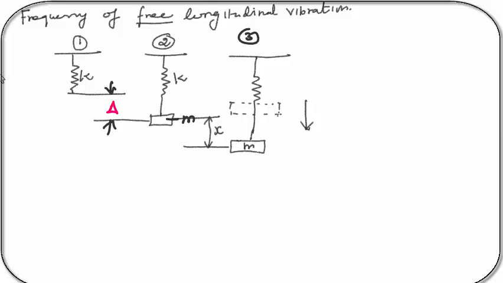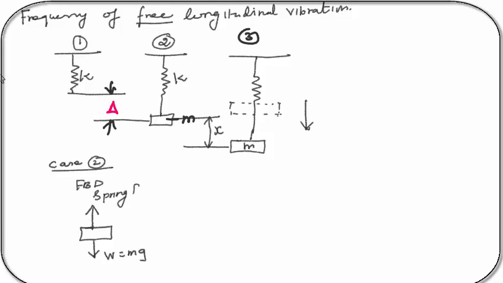For case 2, I'm now going to construct the free body diagram. Here we know that it has a mass, so we consider the free body diagram for the mass. It has a weight, and we know that weight is equal to m into g. And here is a force, which is called the spring force.